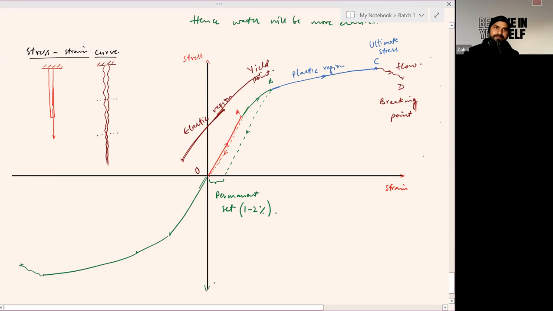So this is called compressive stress, and this is the corresponding strain. You'll be asked only this particular part, tensile stress or longitudinal stress. Just draw this, then I will define each segment.